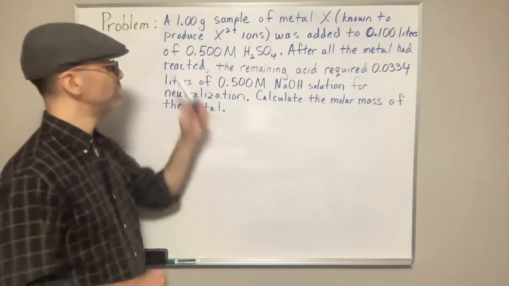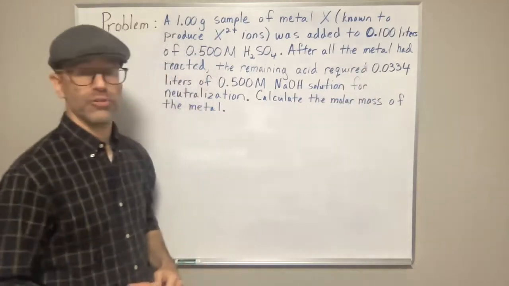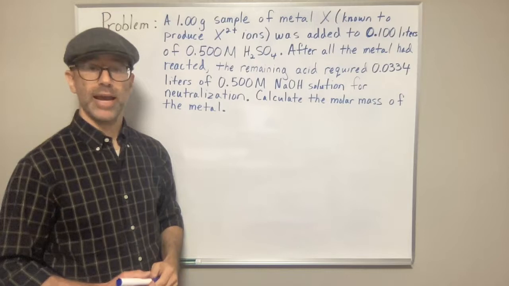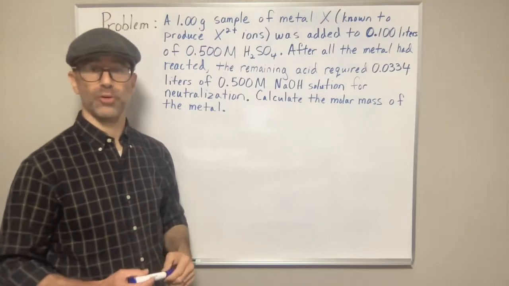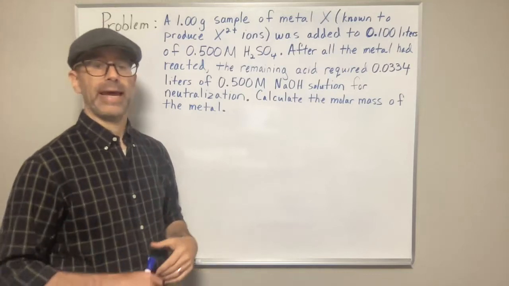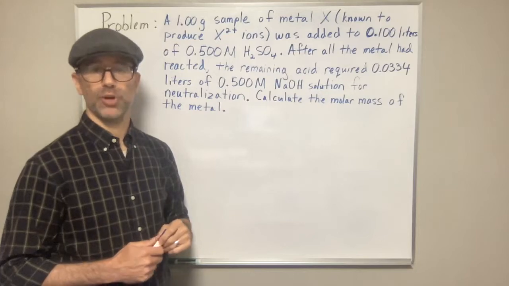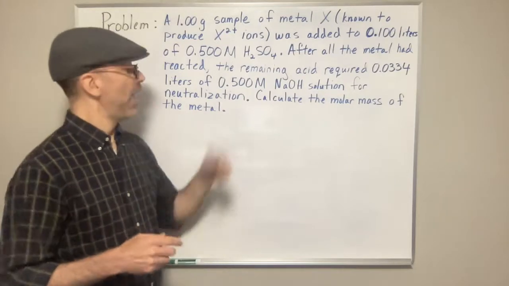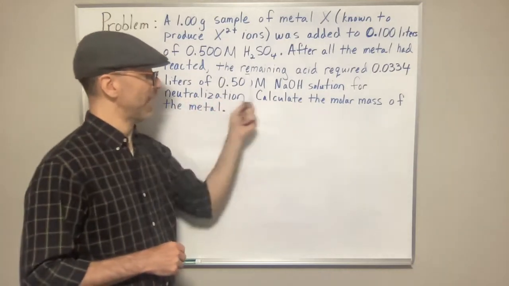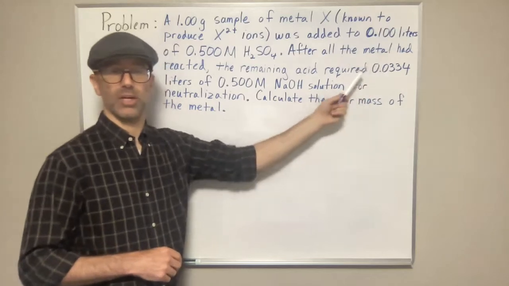Okay, so this metal was added to 0.100 liters of a 0.500 molar H2SO4 sulfuric acid solution. So you're reacting this metal, and you have an excess amount of the sulfuric acid, because after the metal has completely reacted, the remaining acid requires a certain amount of NaOH.